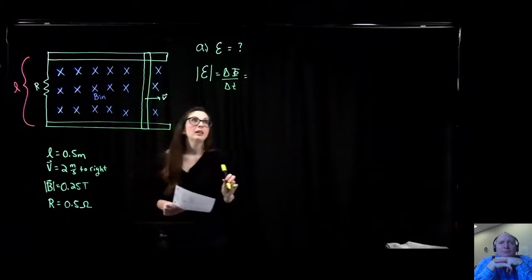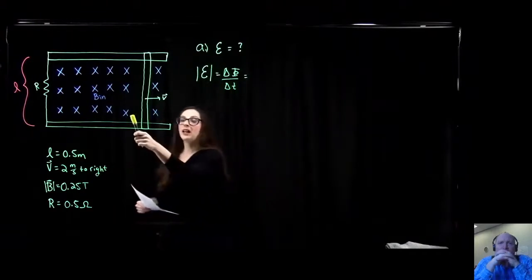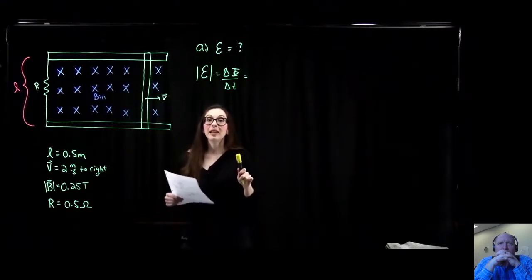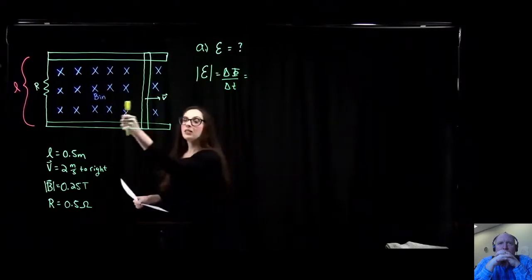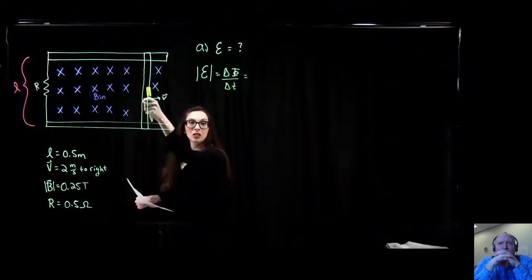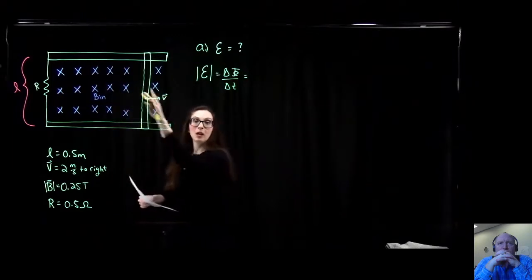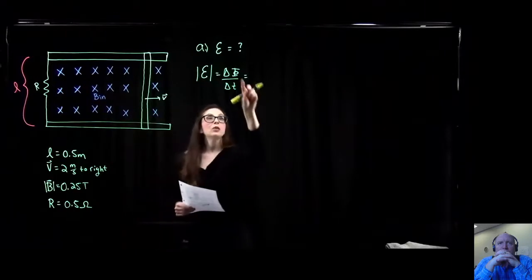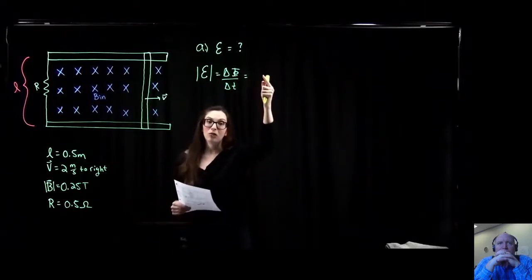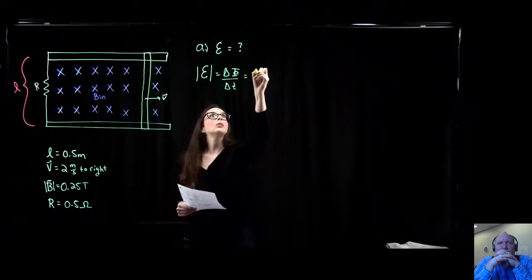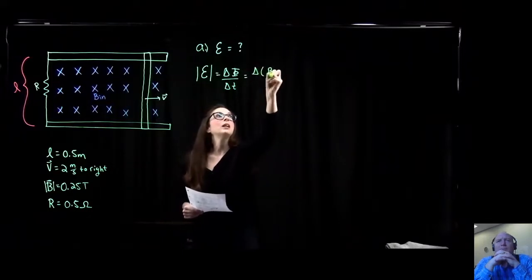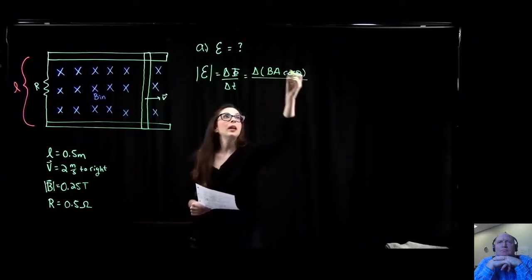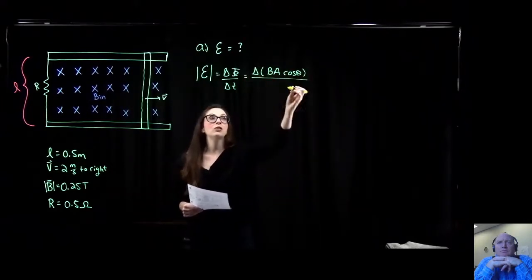Now in this problem, the magnetic field here is not changing, but the area is. As I slide this conductor back and forth, I'm changing the area enclosed by the loop. So our change in flux is equal to delta of B A cosine theta. So anything in here could change the flux.